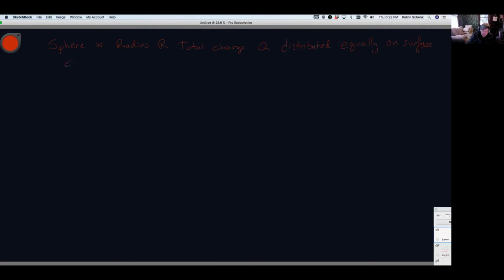And so we have sigma here will be, of course, Q over 4 pi R squared.